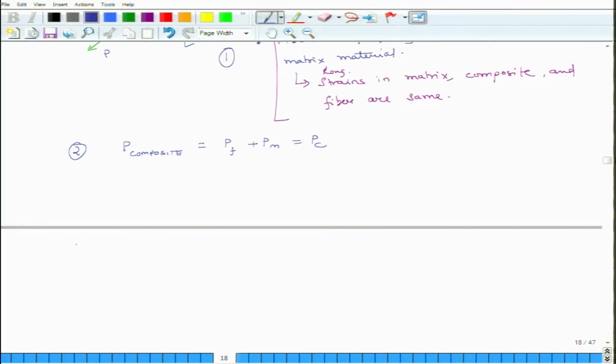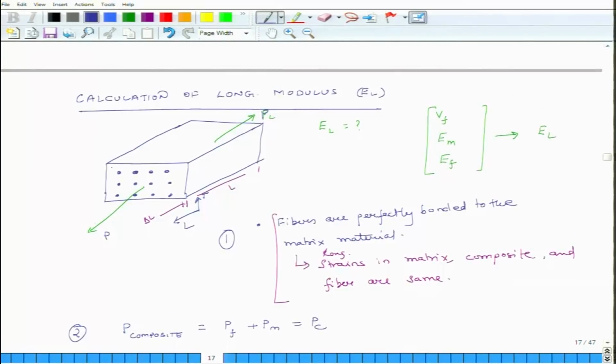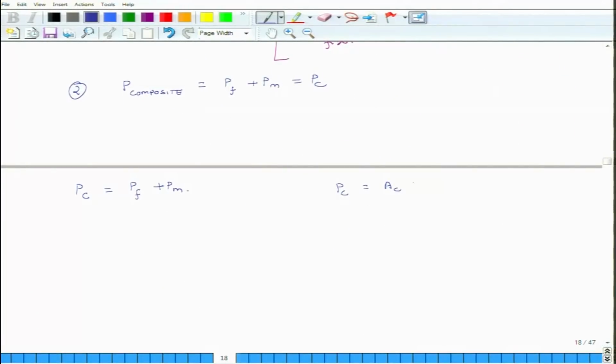So, let us do some math. So, Pc is equal to Pf plus Pm. I am just rewriting this relation. Now, what is Pc? Pc is the total force which we are applying on the system. So, what is that? That is equal to area of the composite, cross sectional area, which is this entire area, right. This entire area of the cross section is AC. So, this is equal to AC times the stress in the composite.